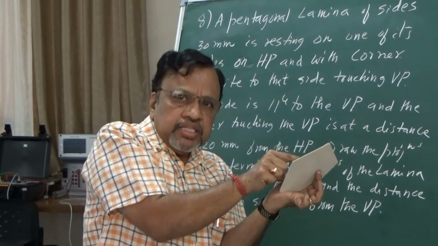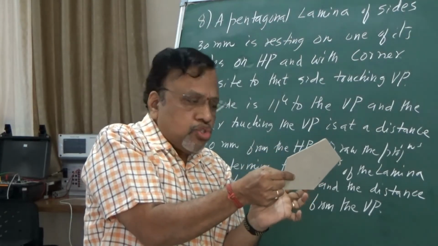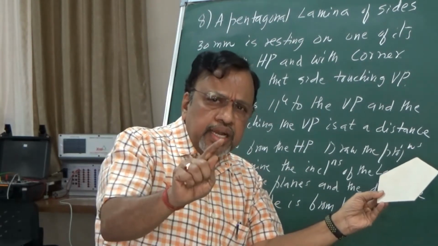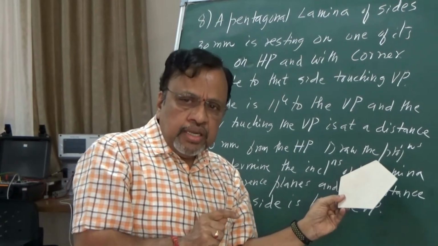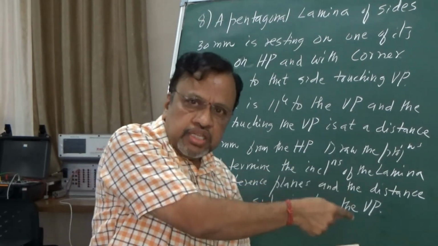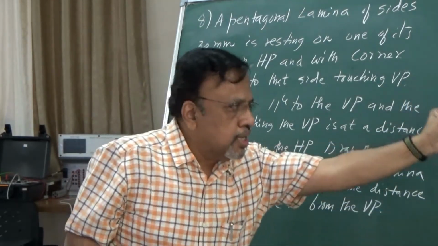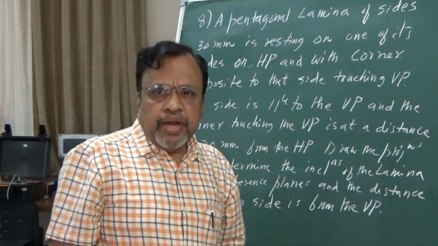Since the shape remains the same, I want to satisfy only the other detail. To show that, I need to simply redraw the figure. Is it clear? So as you can see, I can do this problem by the regular stage 1, stage 2, stage 3 method, or I can do it from the side view method. So I think I will do this particular problem by the side view method.